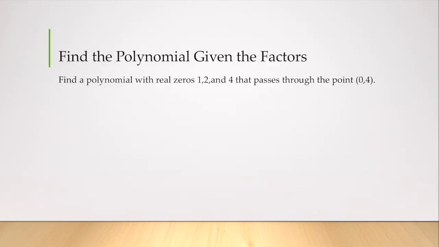What if I want to find a polynomial with real zeros 1, 2, and 4 that passes through a specific point? So I have f of x equals some leading coefficient a times x minus 1, x minus 2, x minus 4. Remember, because it was x is 1, to move it over, the sign changes.